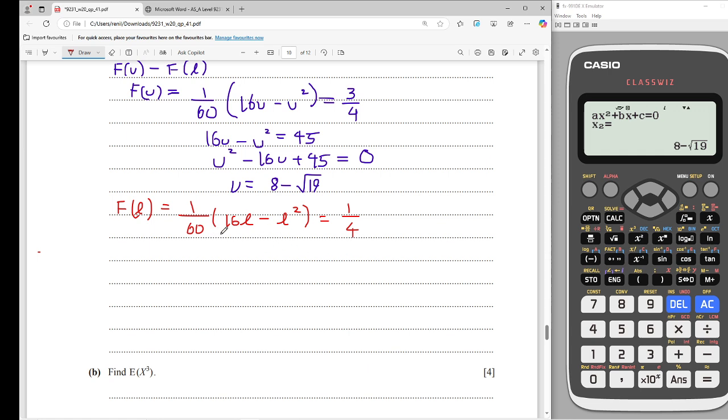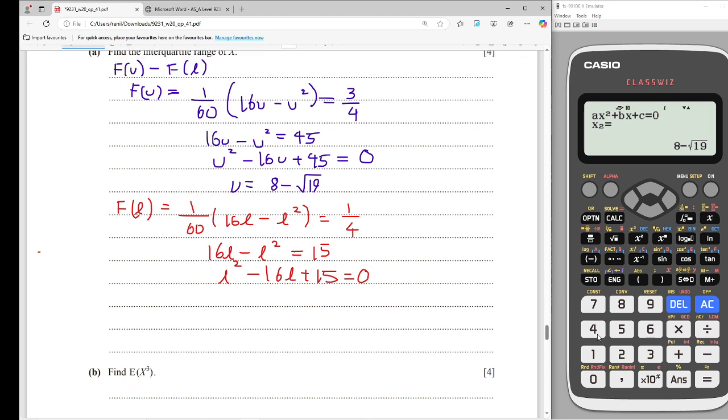We multiply 60 on both sides, and you get 16L minus L squared equals 15. Now we can put our L squared in positive coefficients, so L squared minus 16L plus 15 equals 0.